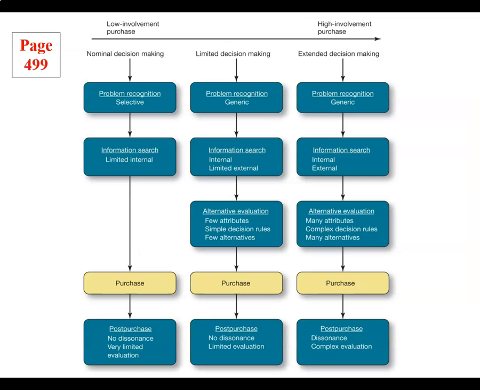This figure in your text is one I'd like you to pay careful attention to. You can see that these decisions, either for nominal, limited, or extended decision making, are a function of purchase involvement. Again, purchase involvement is on a continuum from low levels or no levels of purchase involvement to high levels of purchase involvement.